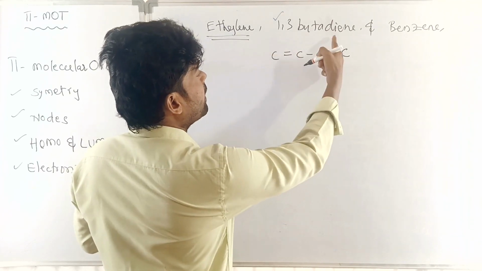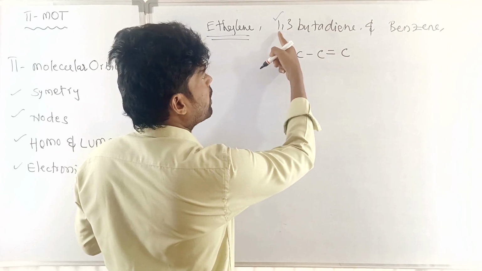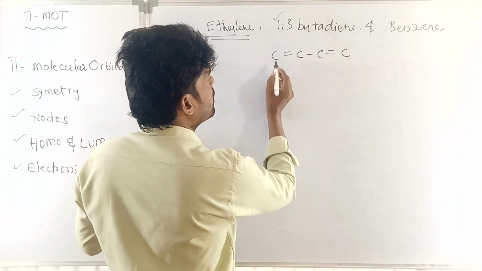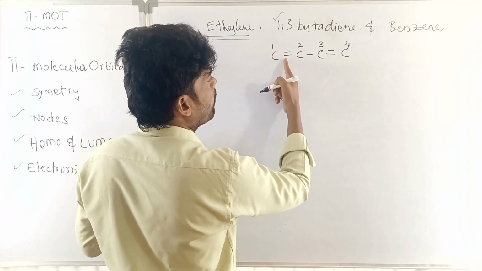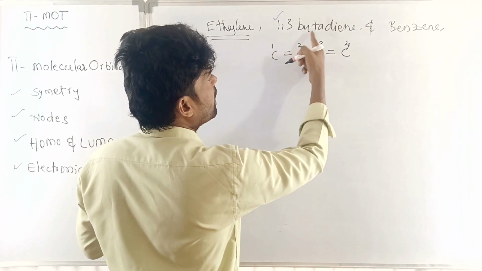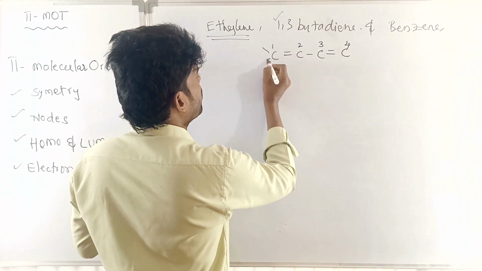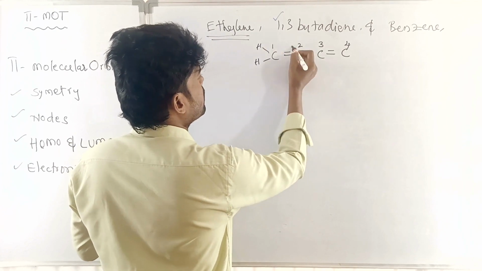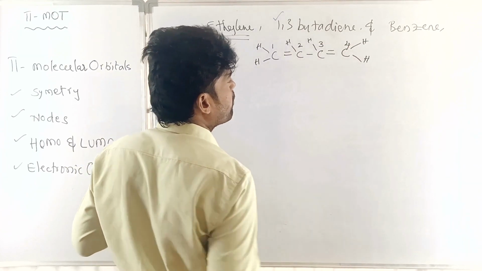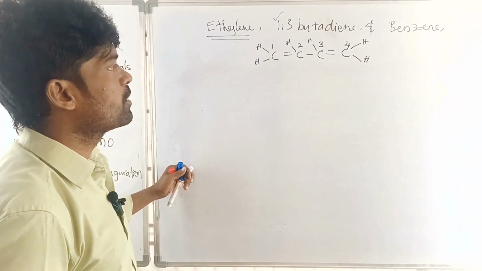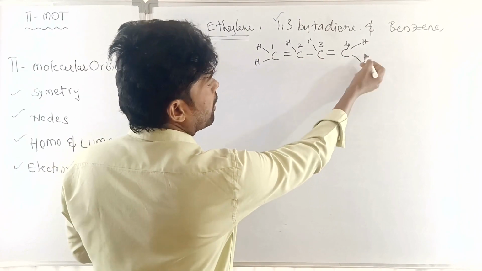Where are the two double bonds present? At the first carbon and the third carbon. The first carbon has a double bond, the third carbon also has a double bond, so the molecule is called 1,3 butadiene. The remaining bonds are with hydrogen, because a carbon atom is always bonded with four bonds.